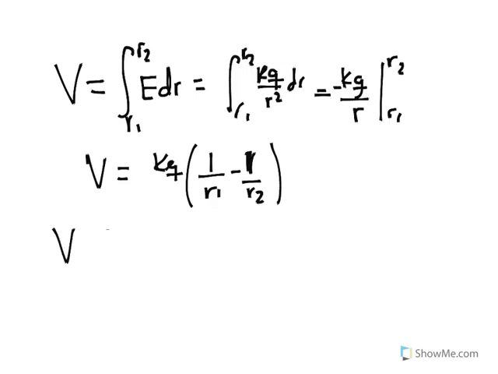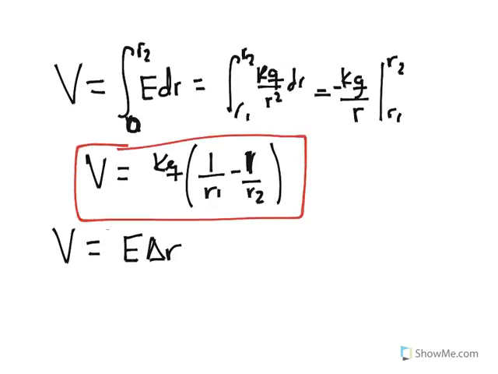If we have a constant electric field, then this is going to be only E times the change in position r, right? Since we define our position r1 as 0, this is the voltage.